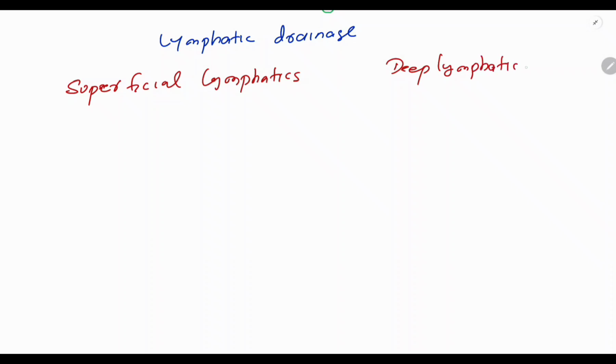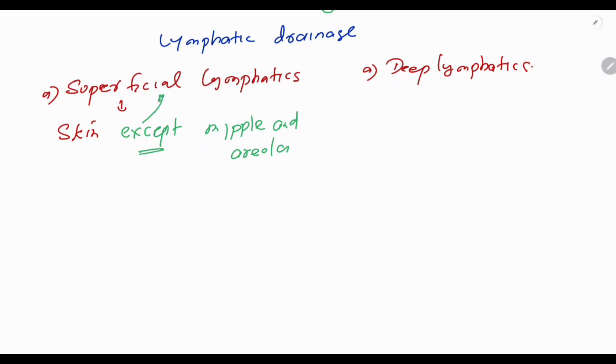Okay, so the superficial lymphatics drain the skin of the breast, except, remember, except nipple and areola. So the lymph from the skin except the nipple and areola is drained by the superficial lymphatics, whereas the deep lymphatics drain the parenchyma of the breast.